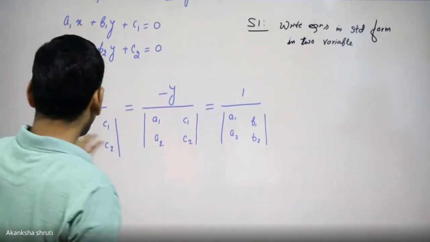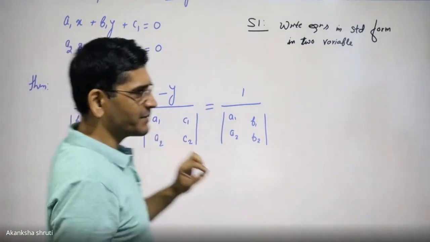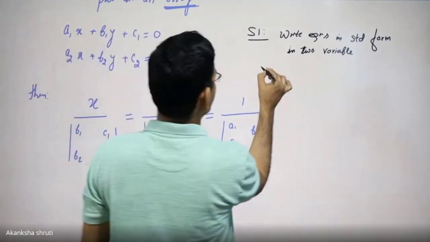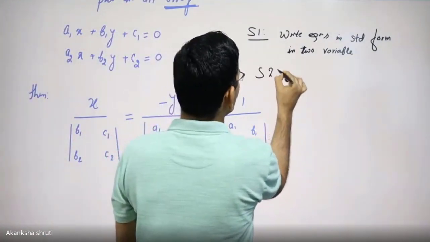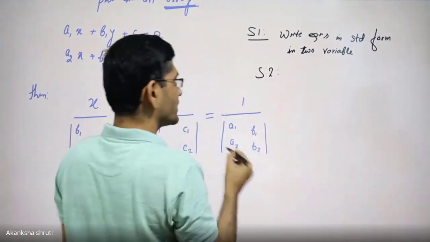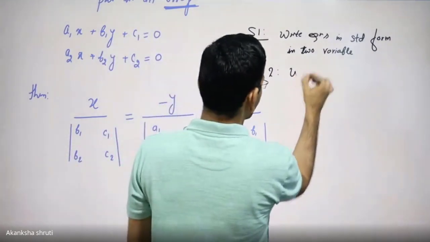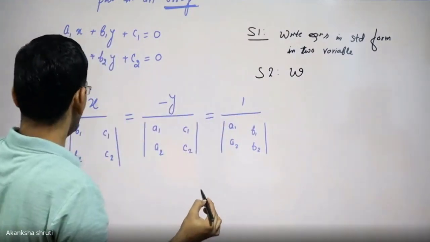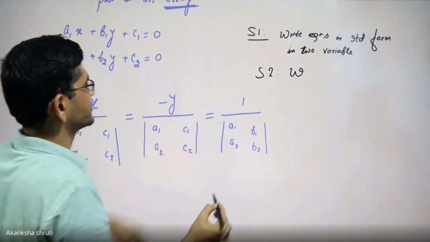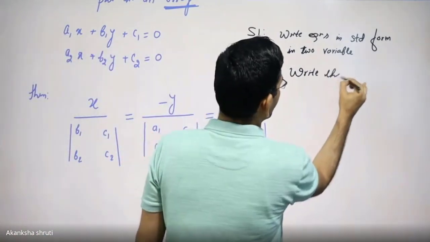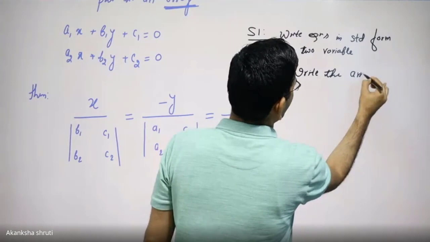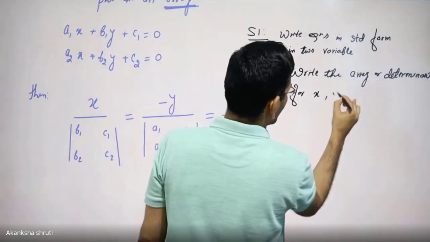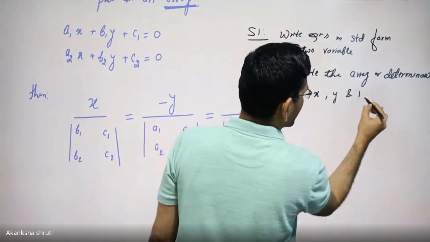Now, students, keep in mind, the array or determinant is our step number 2. Write in array means the way of writing this in the form of an array or determinant, for x, y and 1.